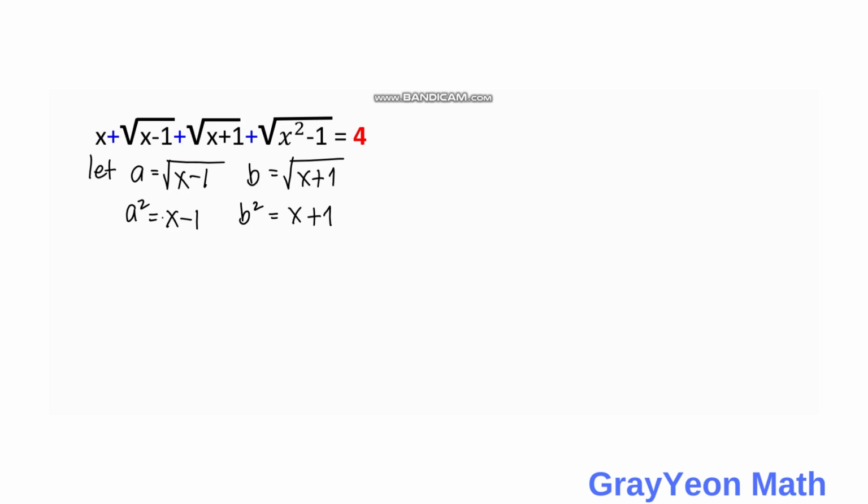And if we try to add these two values, a squared plus b squared, then we have a squared plus b squared is equal to x minus 1 plus x plus 1. Then we cancel this.